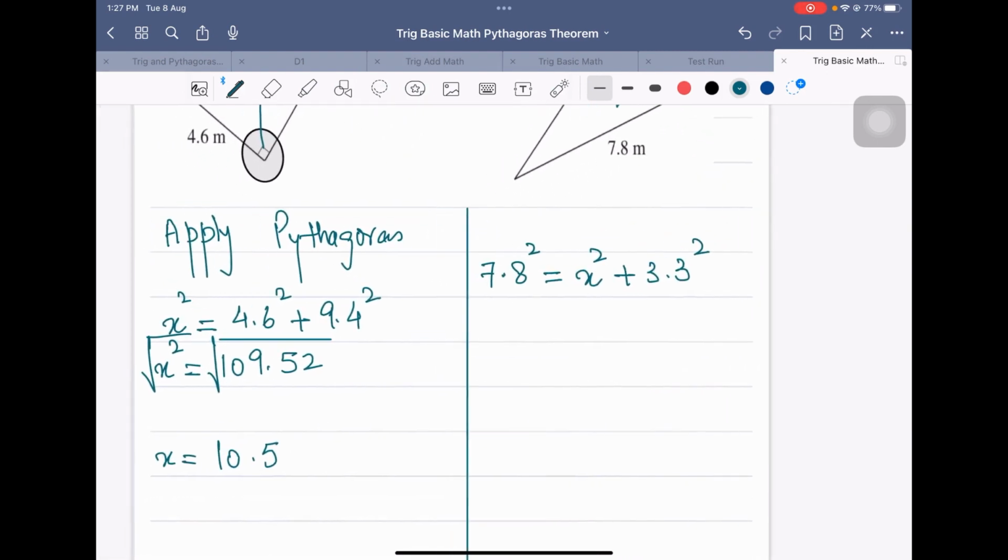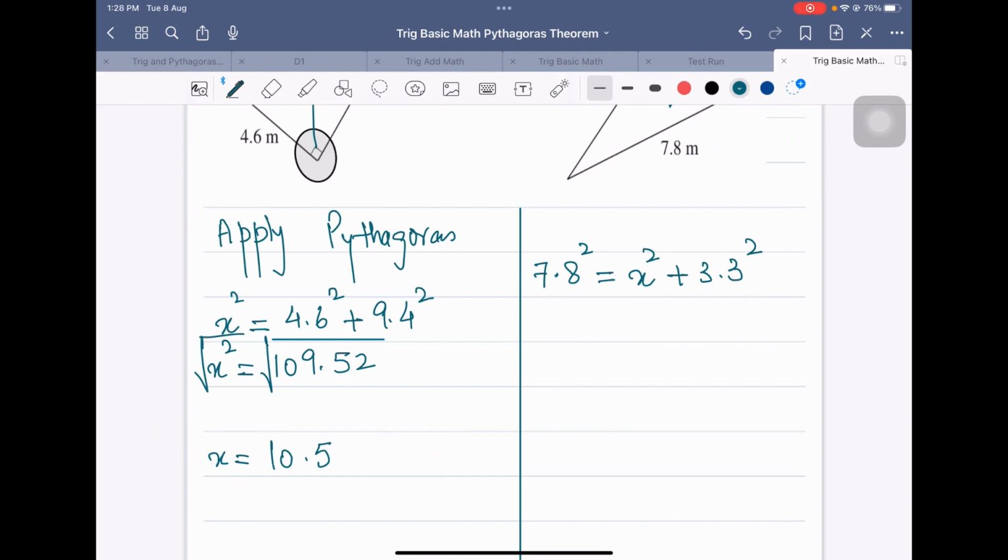Now in order to make x the subject, I add negative 3.3 squared to both sides, and hence what I get is x squared equals 7.8 squared minus 3.3 squared.